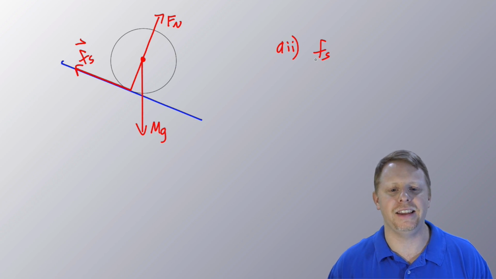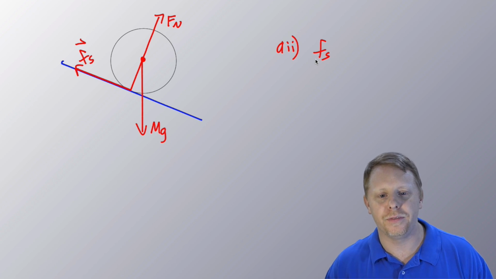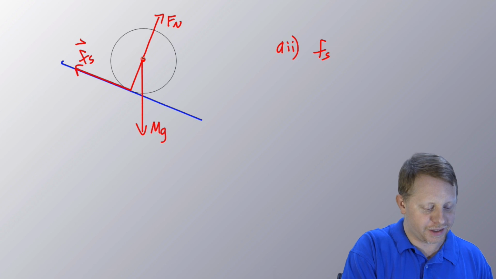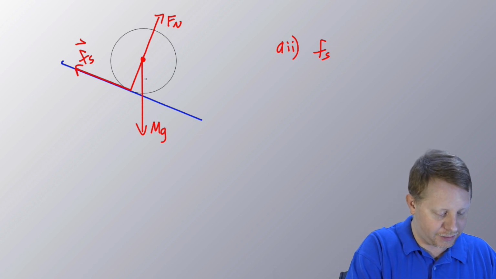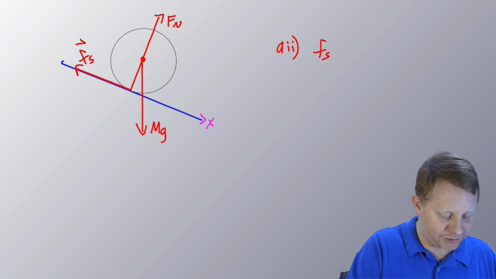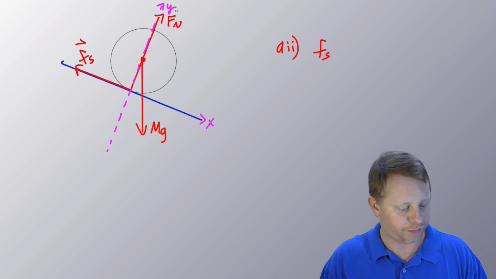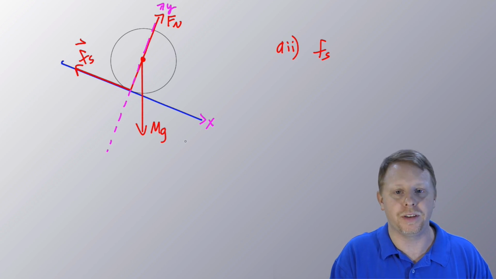What it does tell us is the magnitude of the force of static friction on the wheel is 40% of the force that's directed opposite the force of friction, or down the ramp. That allows us to write something useful. As I look at this, here's my free body diagram, but I notice that if I were to create my axes, I would probably make down the ramp my positive x, and I would make perpendicular to the ramp my y direction. Now, mg, the weight, does not line up with one of these axes.